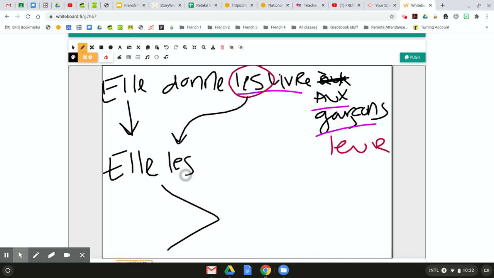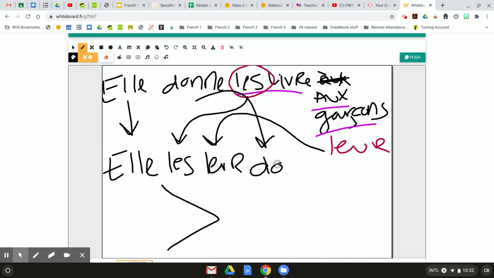So les, then leur, and then your verb. So it becomes elle, les, leur, donne. So our verb just gets put at the very end. We have our subject at the beginning and then our pronouns there too.